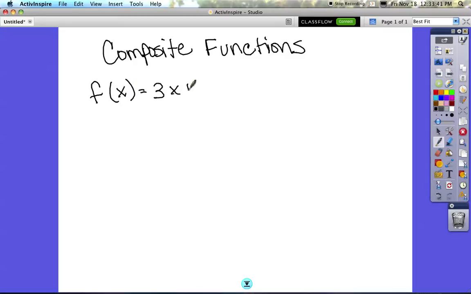Write these down. Okay, we're going to combine, and I've got to talk to you about the notation of these. You'll see them two different ways. So I've got an f of x equation, which is 3x plus 1.